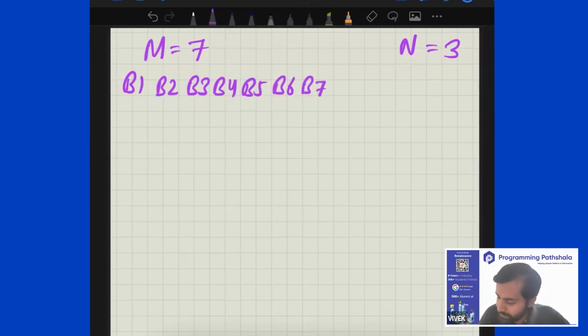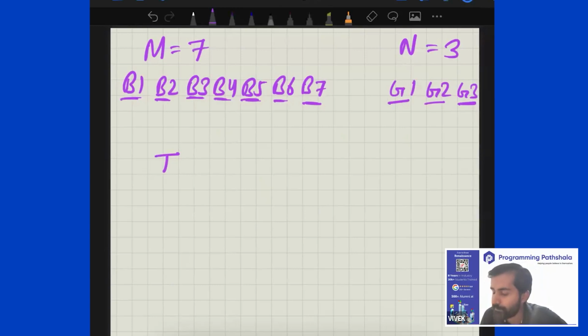They are the different boys, I'm just labeling them with some random names. And the girls are G1, G2, and G3. Now we have to create a team containing T players, so there should be T players in my team. Let's say the value of T for now is maybe 7.